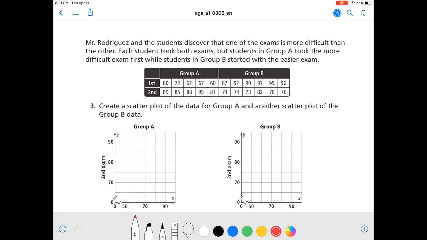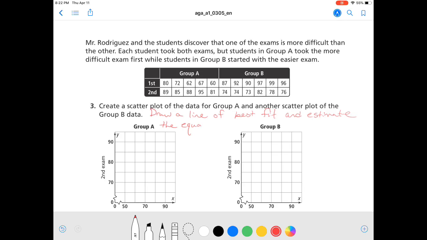Then you're going to not just create the scatter plot, but you're also going to draw the trend line, or the line of best fit, and you're going to write your estimated equation for that line of best fit.